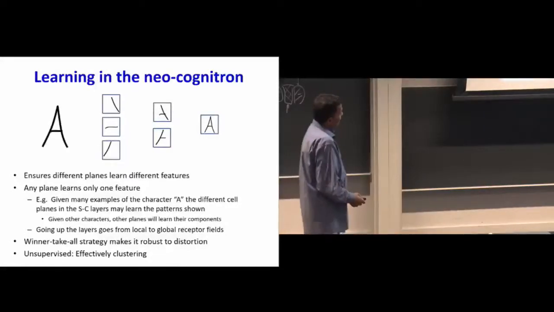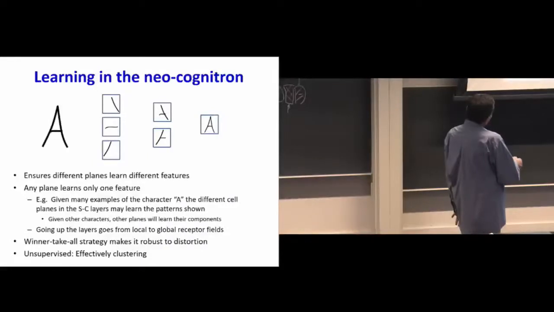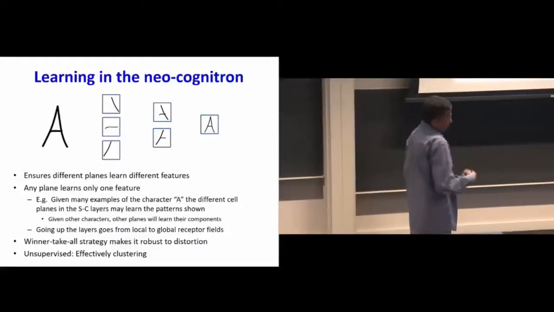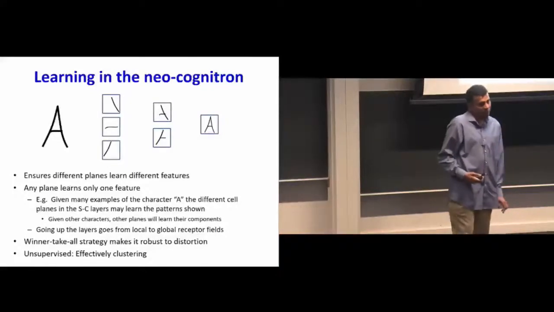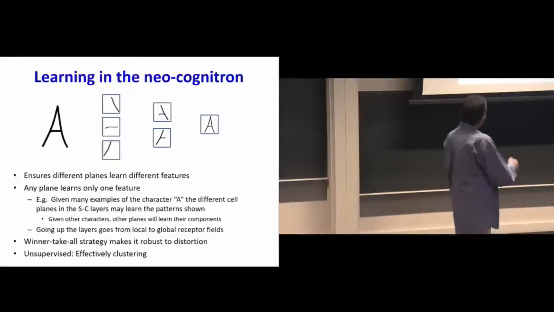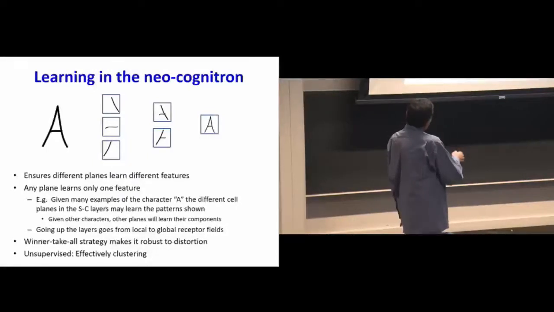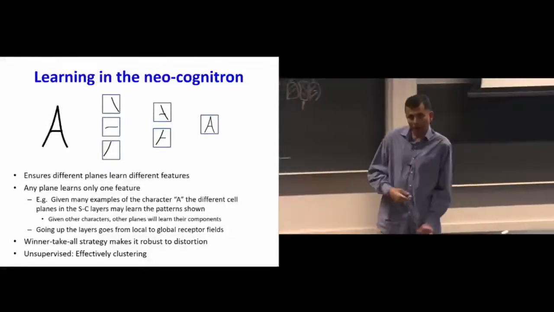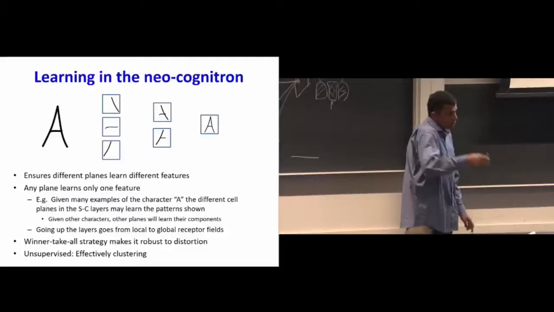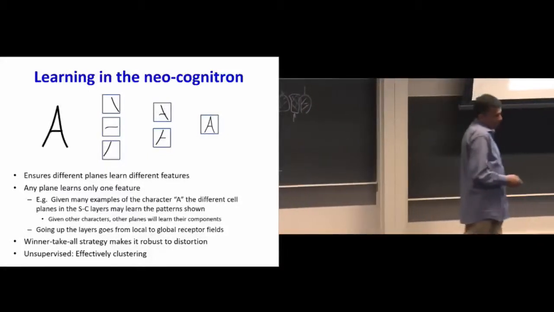And when he was done learning, he found that any plane learns just one feature. So if you provided a network with lots of examples of the character A, for instance, different planes would learn different structures in the first layer. Then in the next layer, they would begin learning more and more complex patterns. By the time you got all the way to the end, they would be responding to the character A.